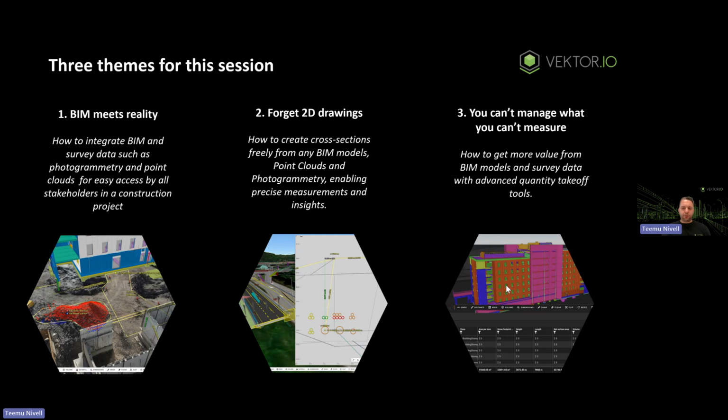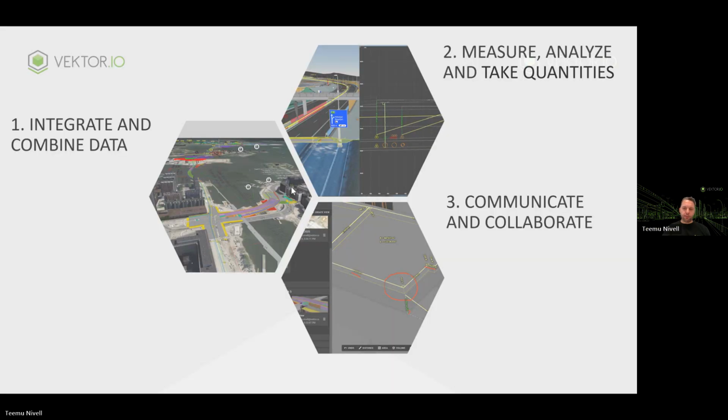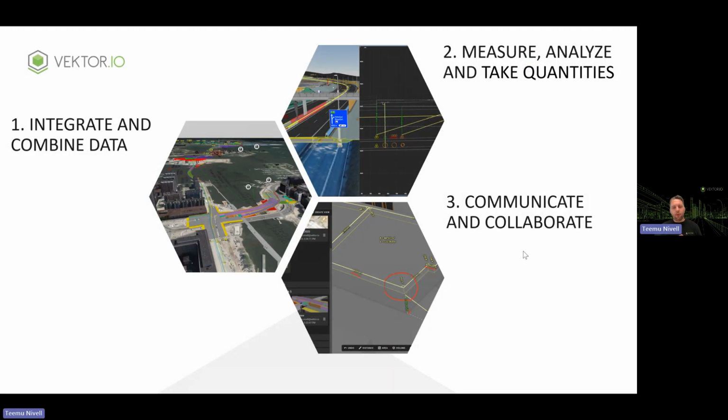Before we dive into those three themes, here's the simple workflow behind every demo today. Our workflows follow a very simple three-step model. First, integrate and combine data. Bring BIM, GIS, and survey data into one consistent view.